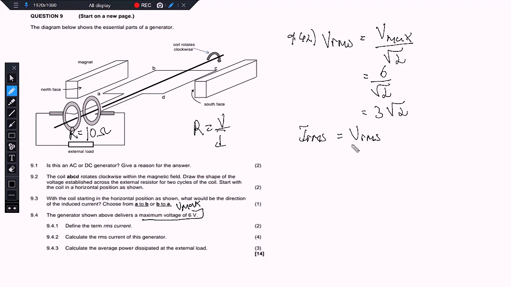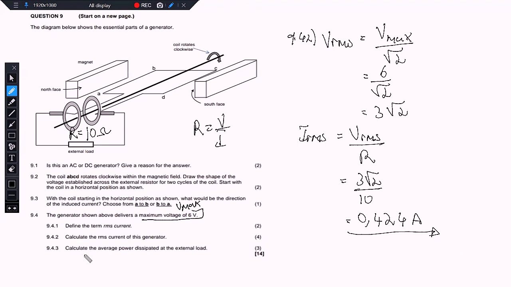This will be VRMS over R. Then we have our 3 root 2 over the resistance of 10. So when we punch that into our calculator, we get 0.424 amperes, right? So just choosing to round it off to 3 decimal places, then that's it.